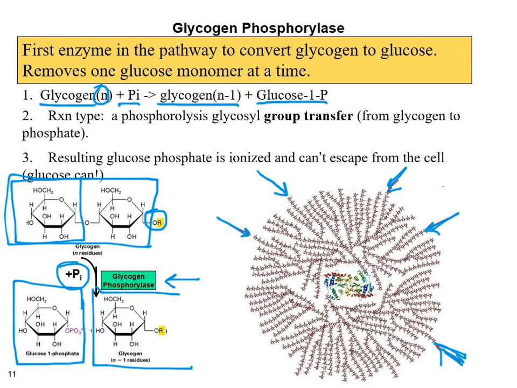So many glycogen phosphorylases could be working on this one glycogen granule at a time. And so it's just breaking off tons of glucose 1-phosphates at one moment. So don't think it's just happening one at a time. Yes, every enzyme works one at a time, but you could have many enzymes breaking down this glycogen granule. So very quickly, this glycogen could be broken down from glycogen to glucose.